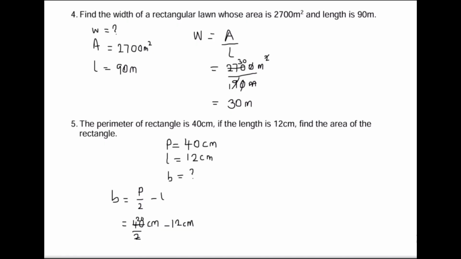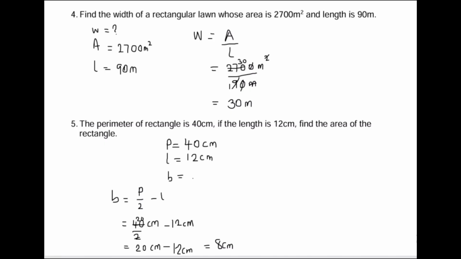So we're having 20 centimeters minus 12 centimeters. Okay, so that is going to give 8 centimeters. Now we've gotten the width or the breadth, which is 8 centimeters.